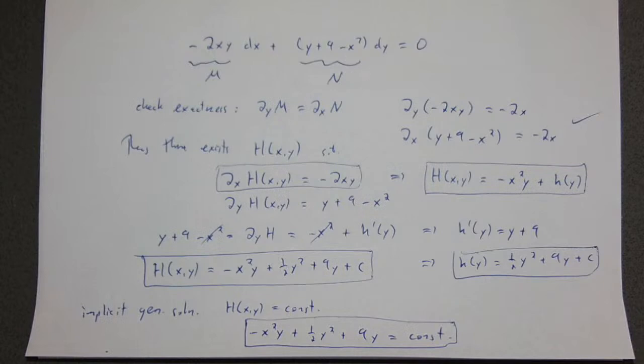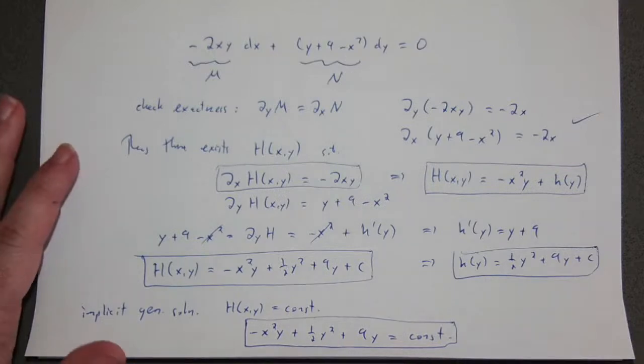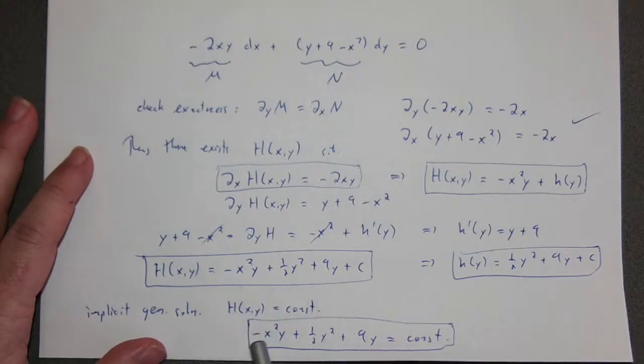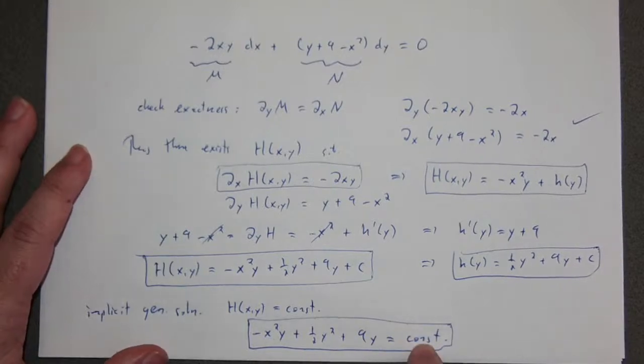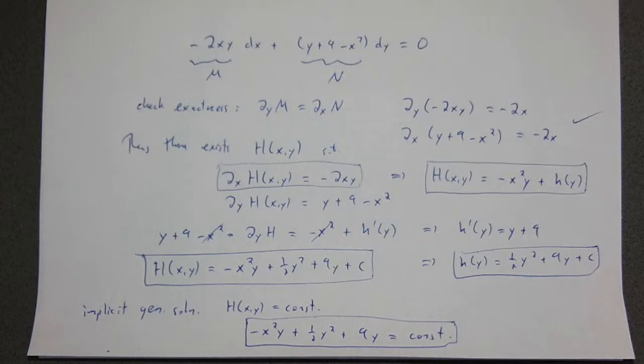So, what do I do here? What is this h telling me? Well, again, saying that an implicit general solution is given by this relationship, this is a relationship that my solution vector containing components x and y has to satisfy. This generates a plot, a bunch of curves in the plane. And for different values of the constant, there should be different curves showing up. And these curves should not cross or touch.